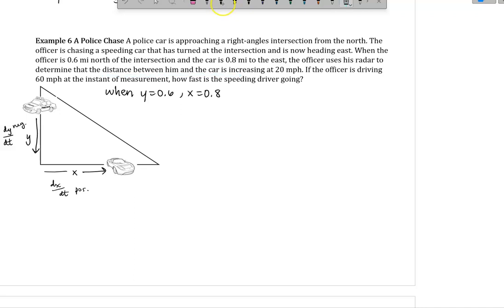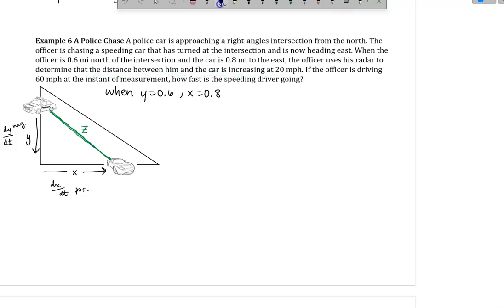Well, the distance between the officer and the car is this distance here that I will now call z. So at this moment, when y was 0.6 and x was equal to 0.8, the officer calculated that the distance between him and the car is increasing at 20 miles per hour.